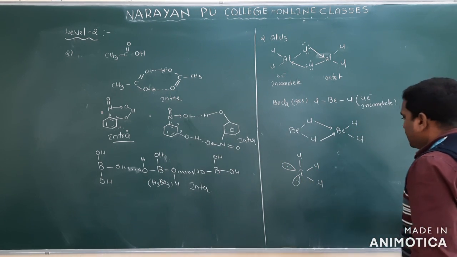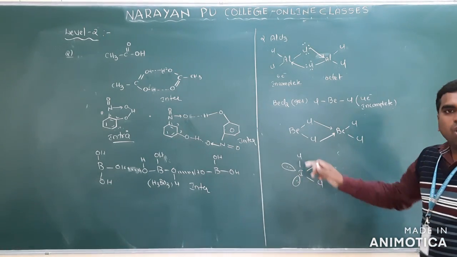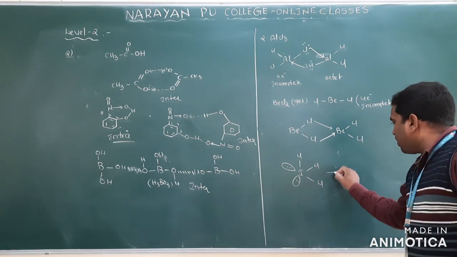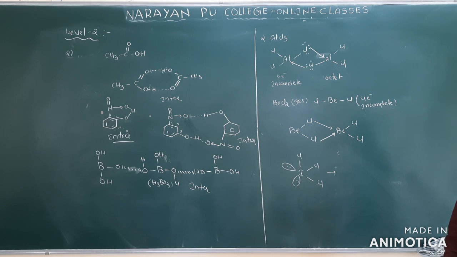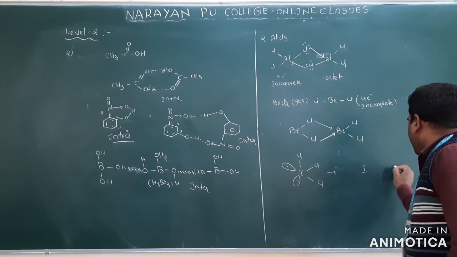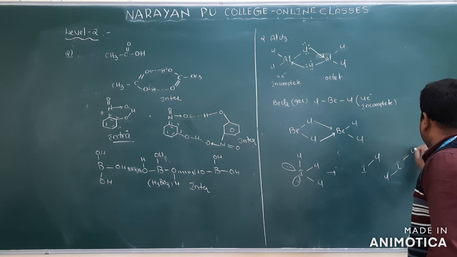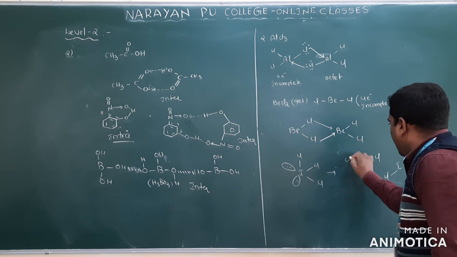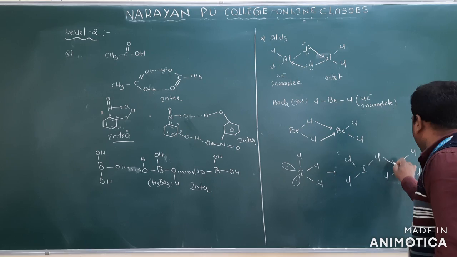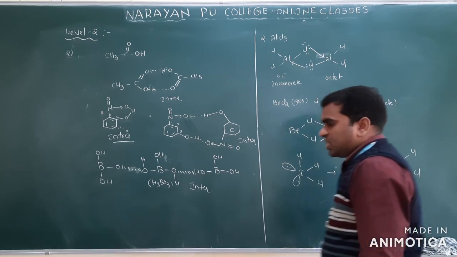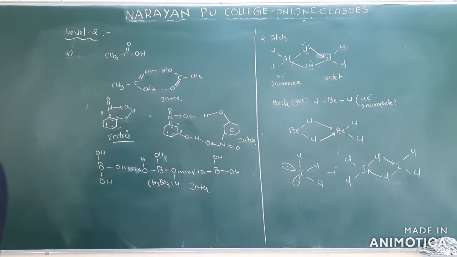Clear? So it exceeds the octet, but it is involved in the dimerization. So I and here I, and there will be a Cl, Cl, and Cl, and here Cl and Cl. They are involved in the dimerization. Why are they involved in the dimerization?